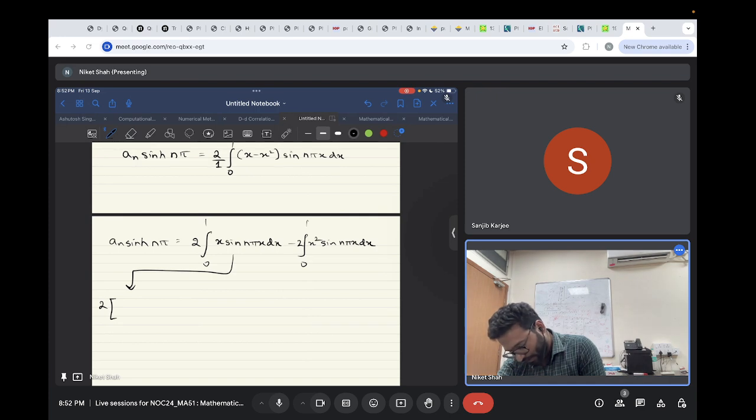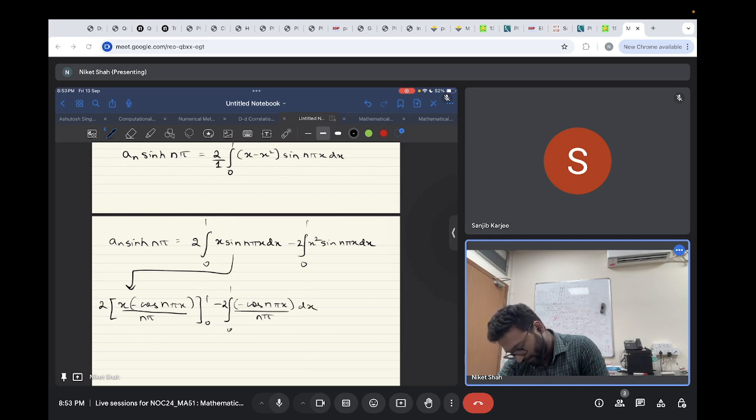2 times the integral of x sin(n pi x) dx. What's the integration by parts here? I'll integrate the sine, so v and du. So we get minus cos(n pi x) divided by n pi, from 0 to 1, minus the integral of the differentiated x, which is minus cos(n pi x) by n pi dx, from 0 to 1.